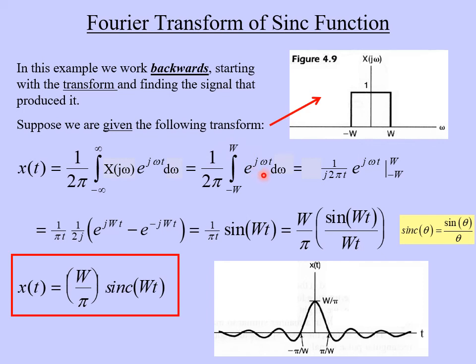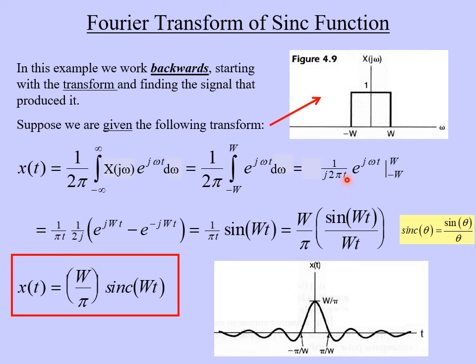And again, this is just a standard, simple exponential function that we have to integrate. So, again, the 1 over j omega comes out in front, and we're going to evaluate this thing from minus W to positive W. And so sticking those values in, we get this form here.